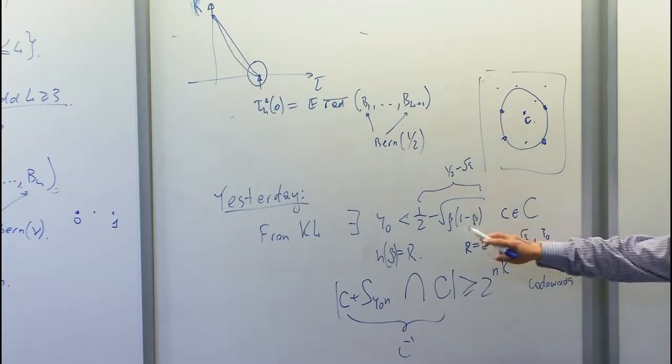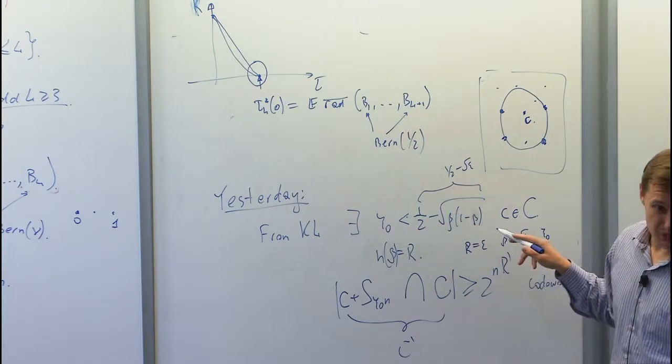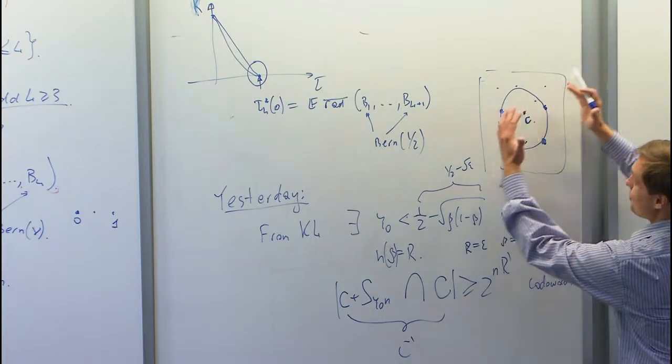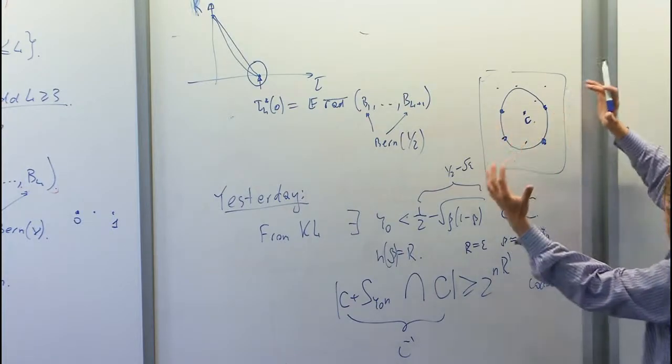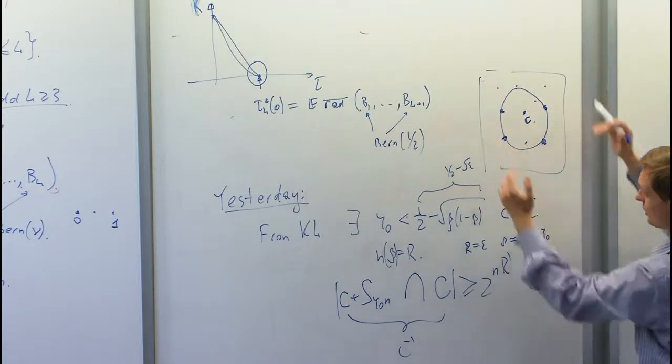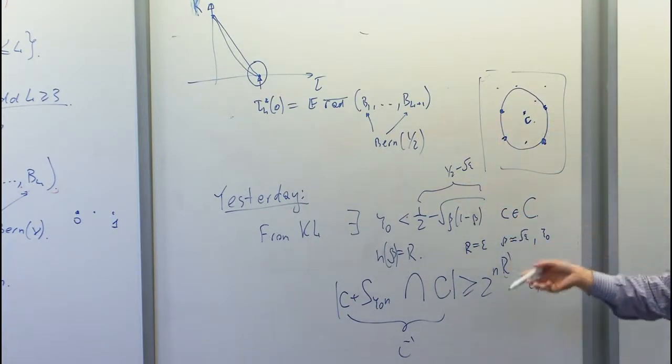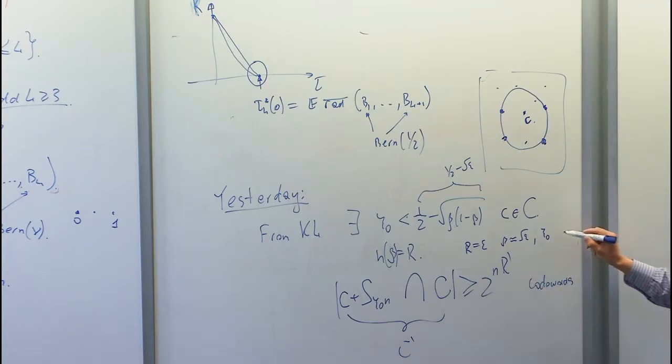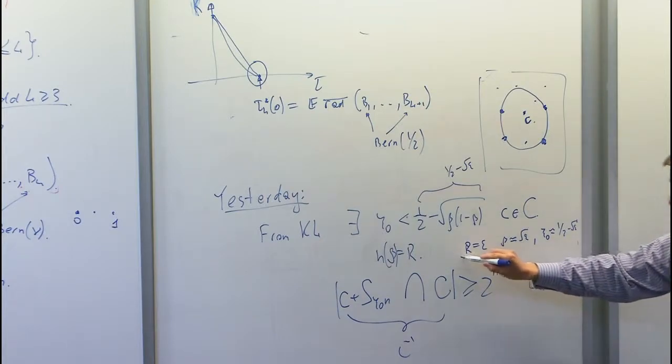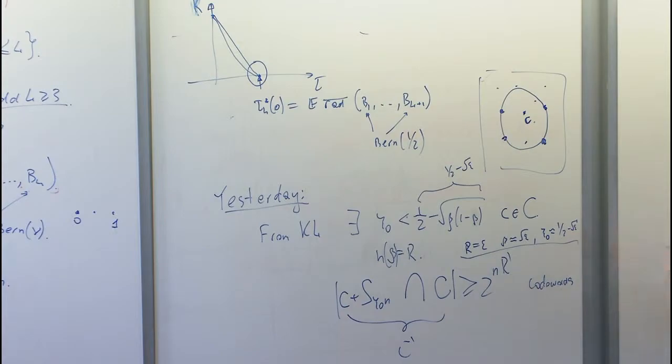And later we need to optimize because we don't know where this sphere is, right? We only have an upper bound. So we will need to take the worst bound, and the worst bound will always be on the boundary. So just to think about parameters, this is the interesting case: my sphere is almost of the full radius minus root the rate.